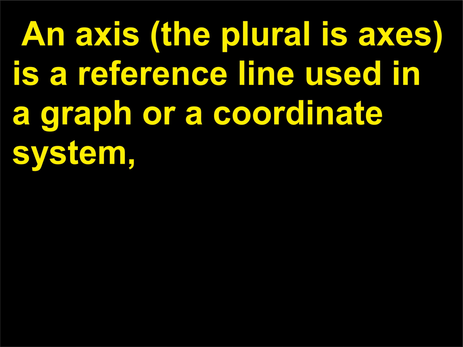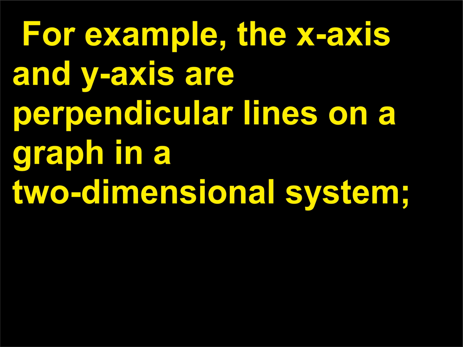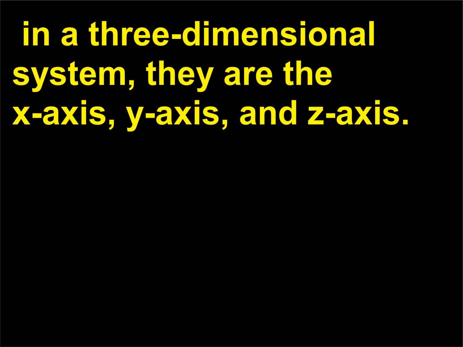An axis, the plural is axes, is a reference line used in a graph or a coordinate system, such as the Cartesian system. For example, the x-axis and y-axis are perpendicular lines on a graph in a two-dimensional system. In a three-dimensional system, they are the x-axis, y-axis, and z-axis.